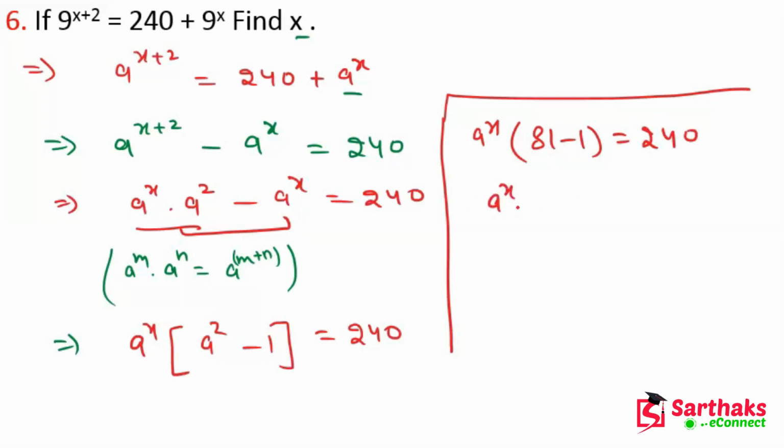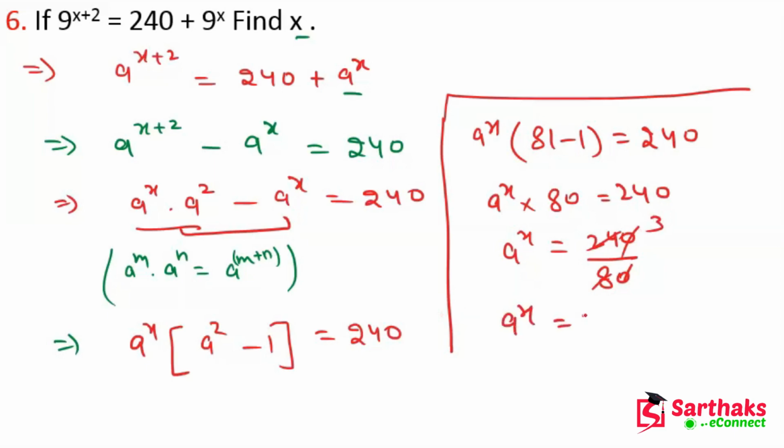So 9 raised to power x into 80 equals 240. So 9 raised to power x equals 240 divided by 80, and this goes 3 times. So now we have 9 raised to power x equals 3.